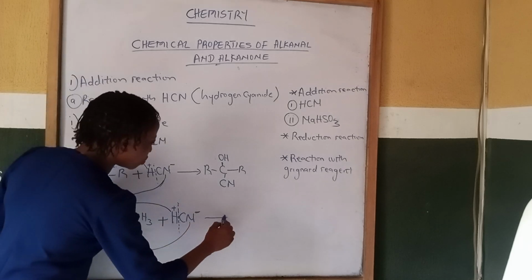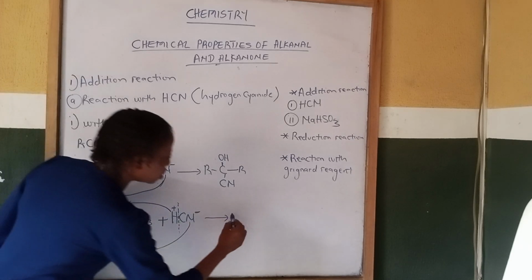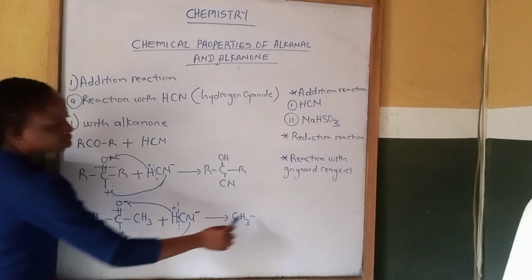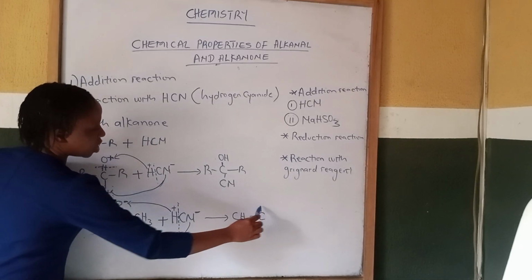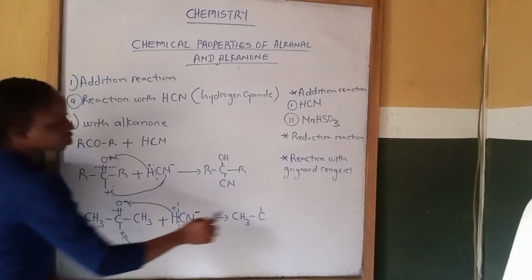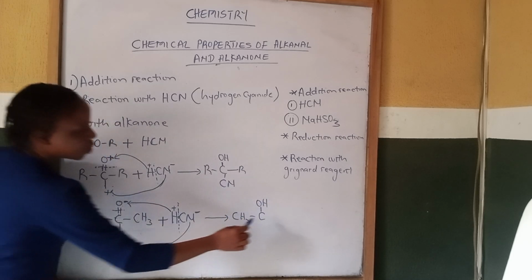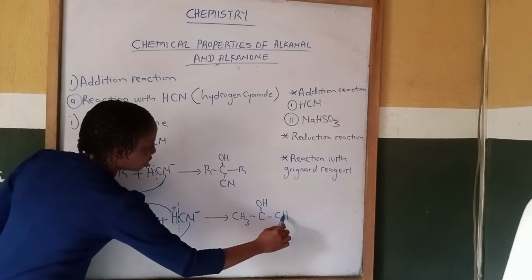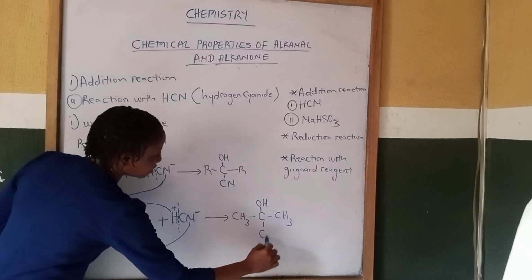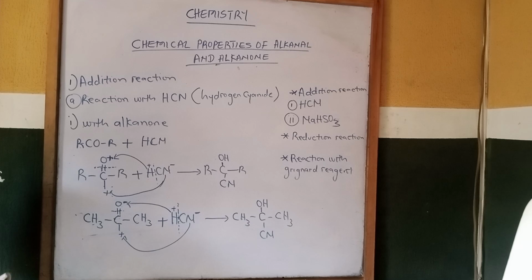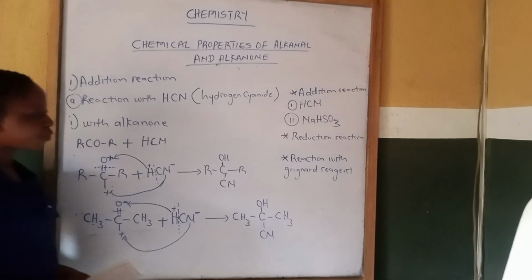So our product will be CH3, C, and when hydrogen combines with oxygen, it will give us a hydroxy group, followed by CH3, then CN. So that is our product for alkanone.